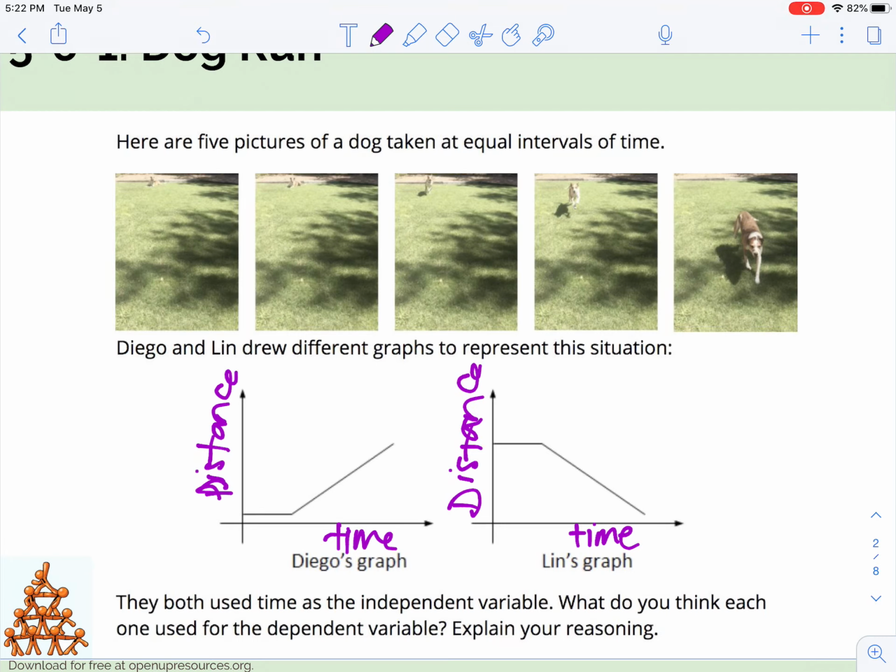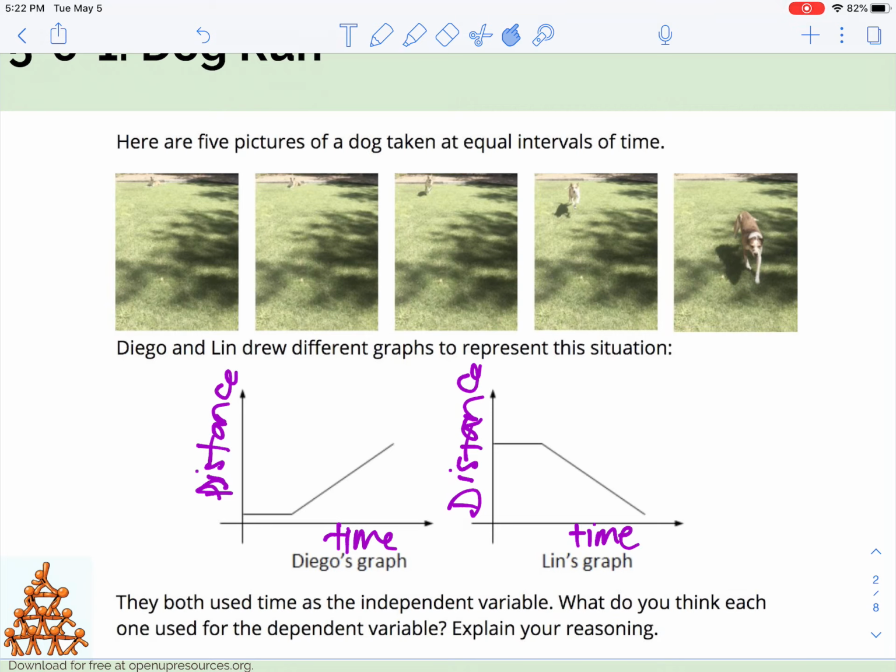Explain your reasoning. So in Diego's case, the distance is getting farther as the time moves along.